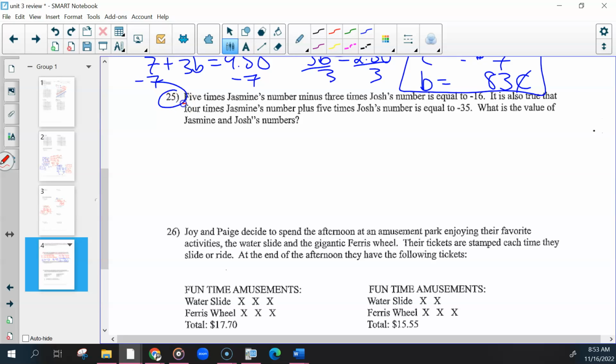Because here we have 5 times Jasmine's number minus 3 times Josh's number is equal to -16. And then we know that 4 times Jasmine's number plus 5 times Josh's number is equal to -35. And we need to know the value of both. So your variables would be something about their numbers.